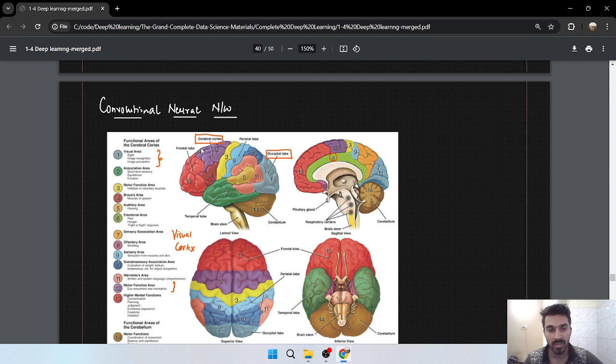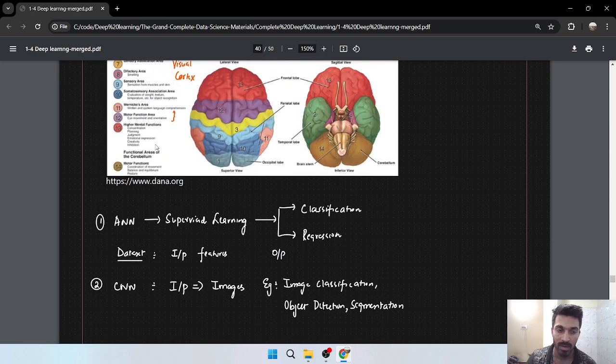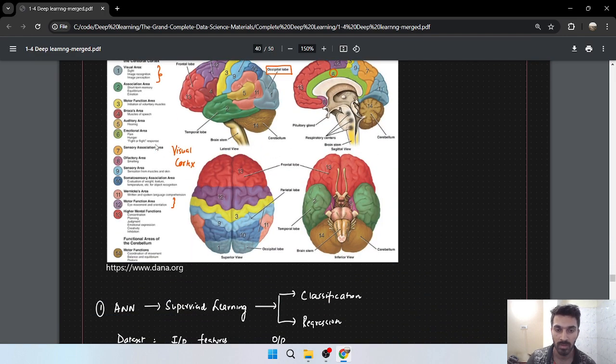Now I am only explaining these things, but in upcoming lectures I will explain from the basics, starting from linear regression and everything. I will take 1 to 2 hours to explain every algorithm. Now we are taking an overview of how deep learning works.